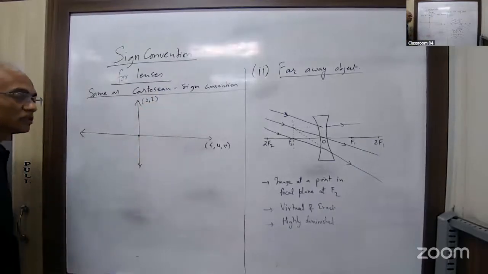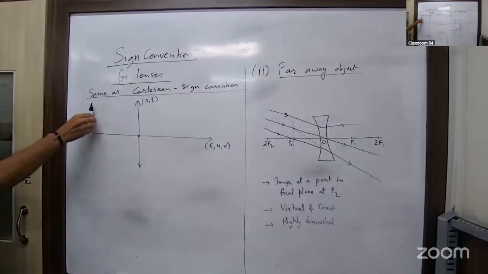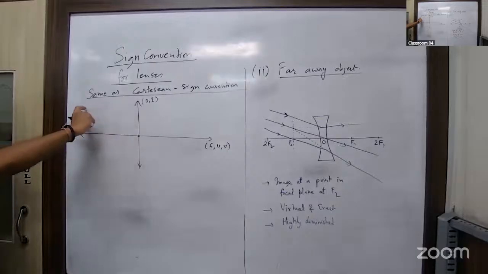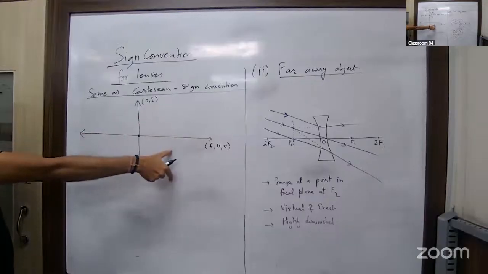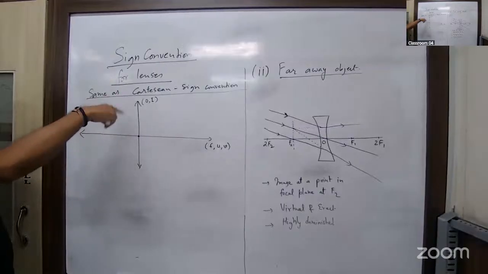Because the object is kept on the principal axis like this, the height of object is O, and the height of image is I. In case of virtual, both O and I will be above.